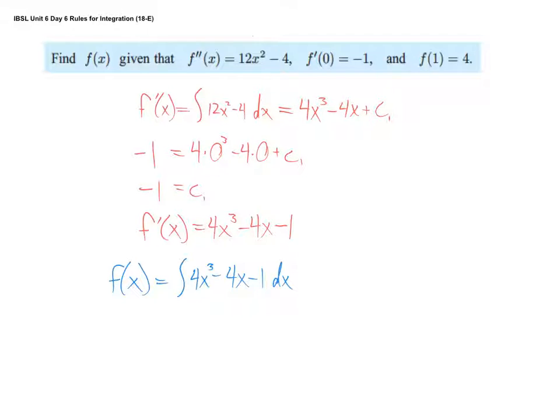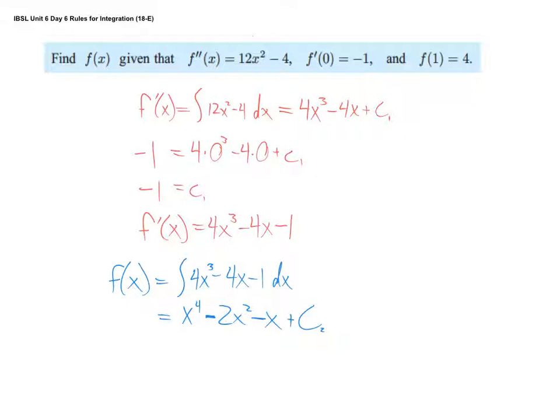See how this works? So what's the integral of 4x cubed minus 4x minus 1? x to the 4th, minus 2x squared, minus x. And that'll be plus another c. We'll call that c2. You could use c and d if you want. It doesn't really matter. There's nothing special about c.